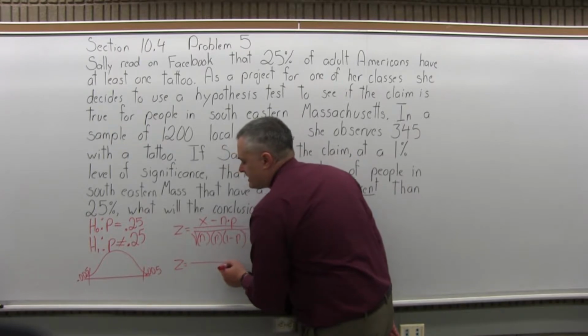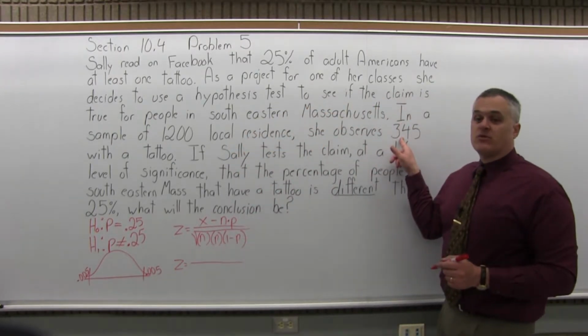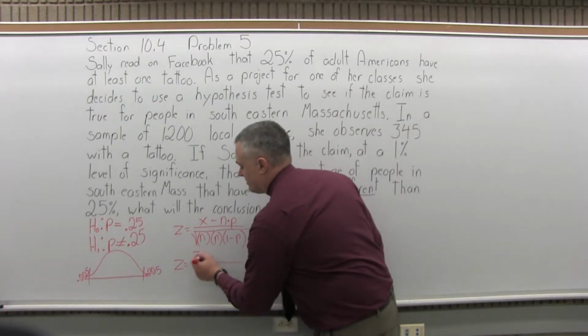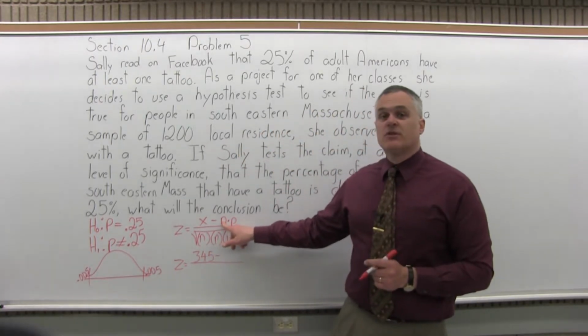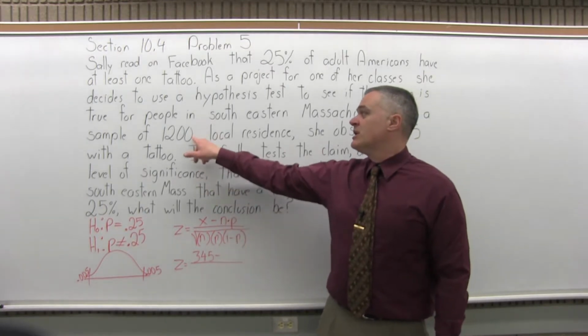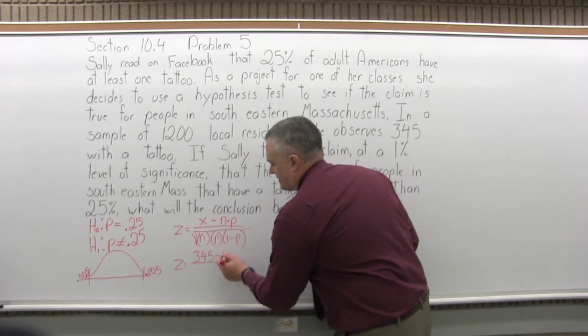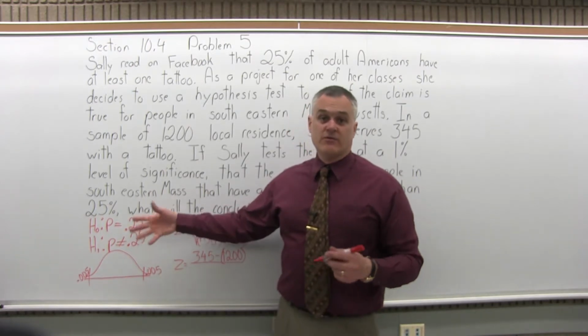Z equals x. The number of observed successes in this case is 345. That's how many people Sally was able to find with at least one tattoo. Minus n, the size of your sample. For this question, the size of the sample is 1,200. She examined 1,200 residents of southeastern Mass. So that's n times p, what we're testing, which is 0.25 for 25%.